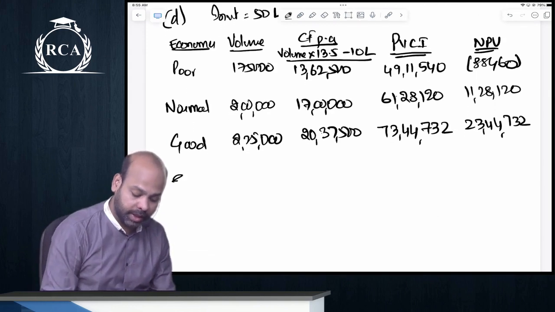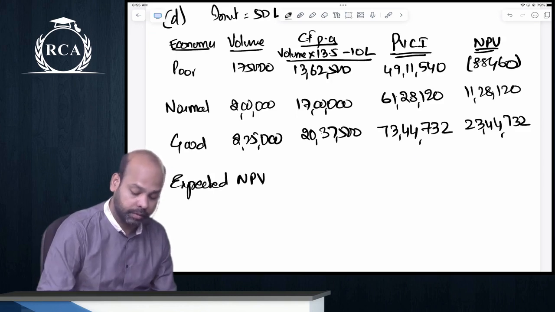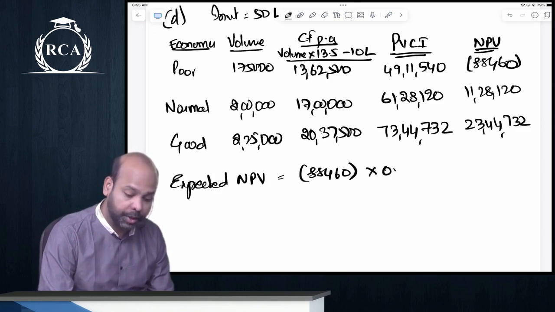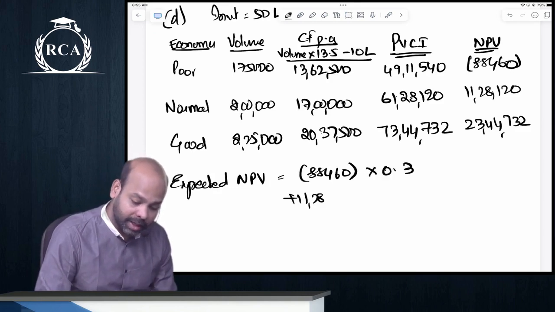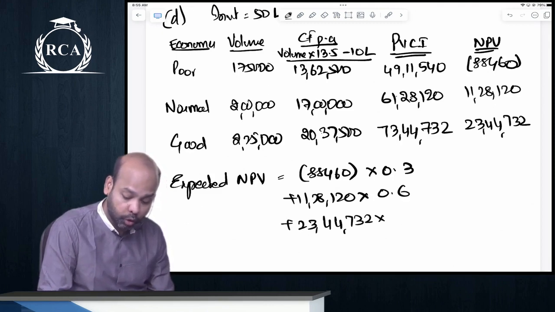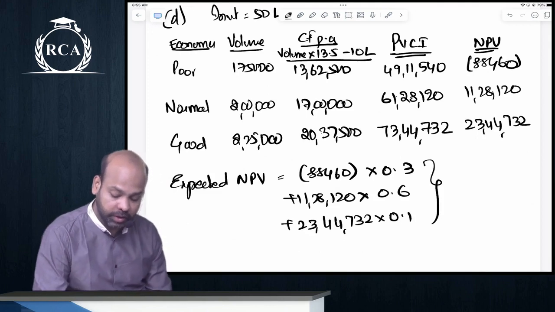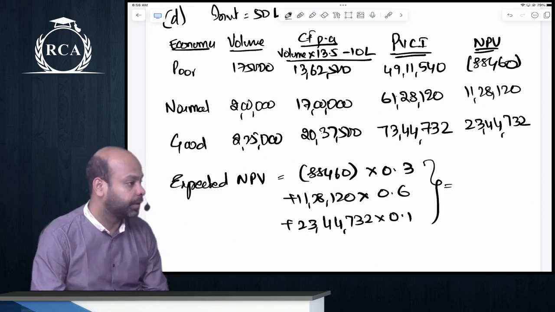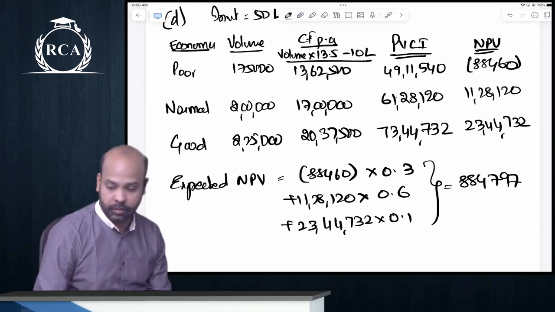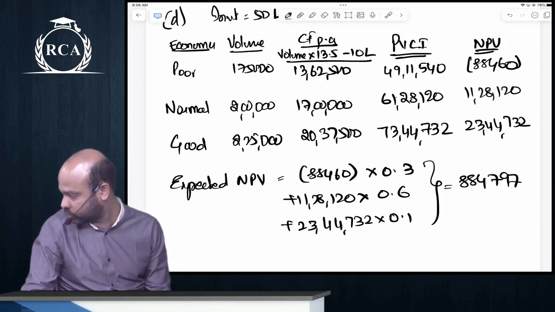Now compute expected NPV, guys, by multiplying all the three NPVs with the corresponding probabilities. वो तो पहले ही कर चुका है. 88,460 negative beta into 0.3, 11,28,120 into 0.6, and 23 lakhs 44,732 into 0.1. All of this collectively beta will give us a value of 790. Do compute, guys.